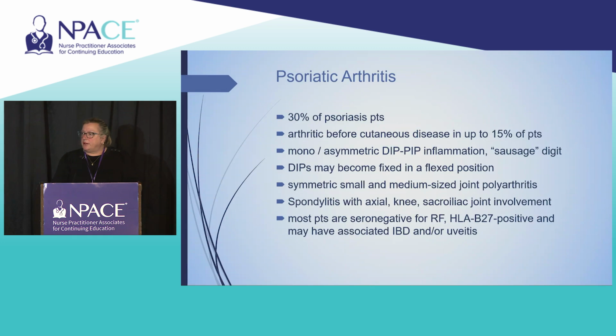So psoriatic arthritis affects a full third of psoriasis patients. So please remember that. I'm sure you all see many, many psoriasis patients, and you are appropriately focused on their skin. However, a full third of patients with psoriasis will develop joint disease, and it's a disabling joint disease.